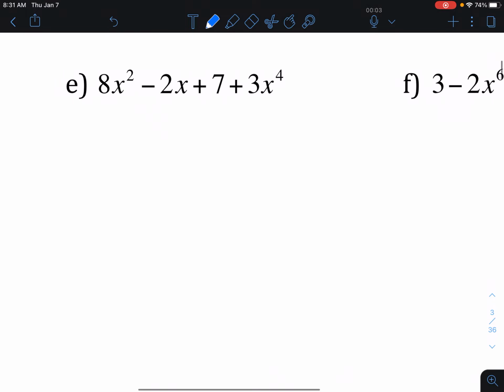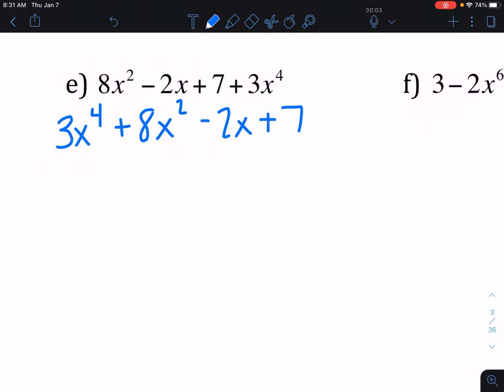Letter E, 3x to the fourth drops down. No x to the third. We have plus 8x to the second, then minus 2x plus 7. There were no like terms there. Now this one, highest degree is 4, so that's a quartic.